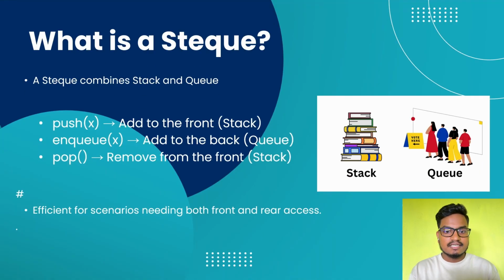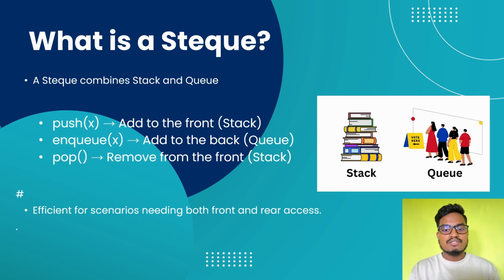So what is a stick? The name stick comes from combining two data structures, stack and queue. Stack uses the last in first out method, LIFO. Queue uses first in first out, FIFO. Stick supports three operations: push, enqueue, and pop.